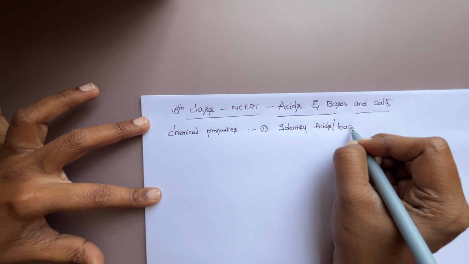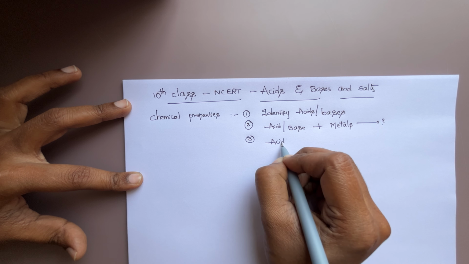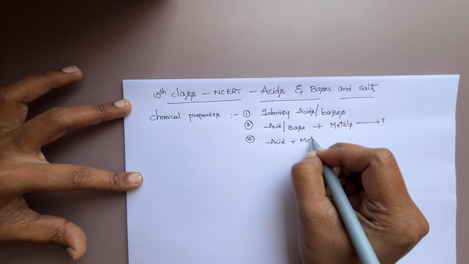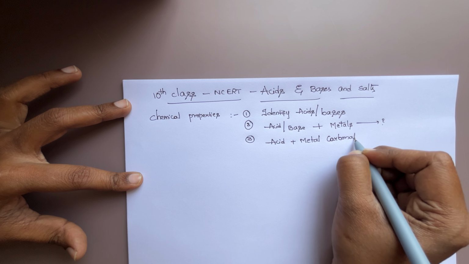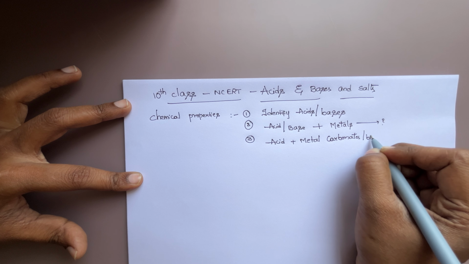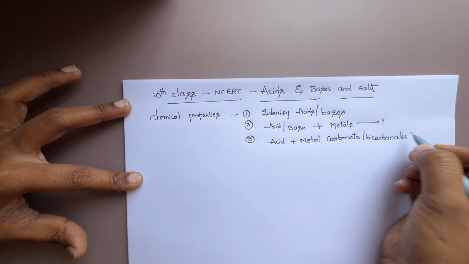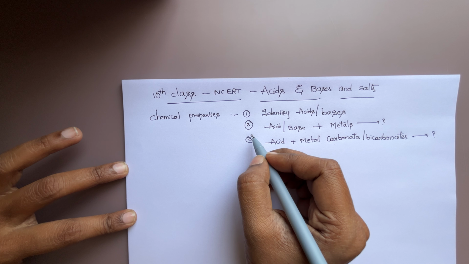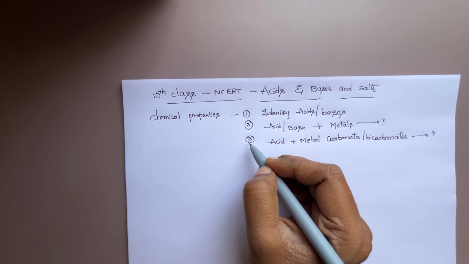What will be the chemical reaction? Third property, how acid reacts with metal carbonates or bicarbonates. What will be the product? We have discussed all these 3 chemical properties.